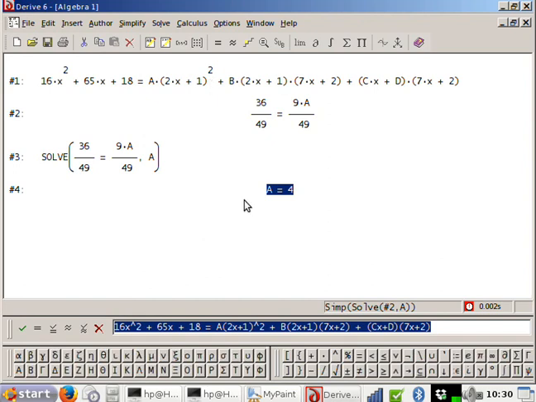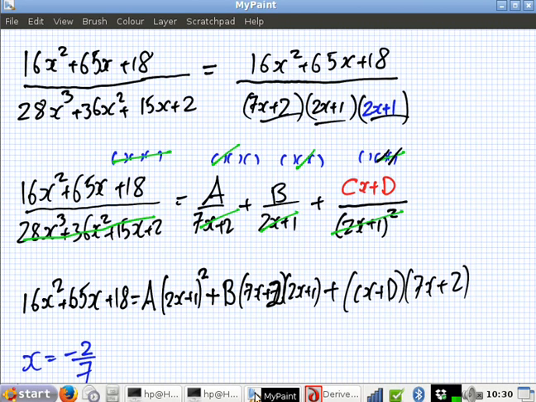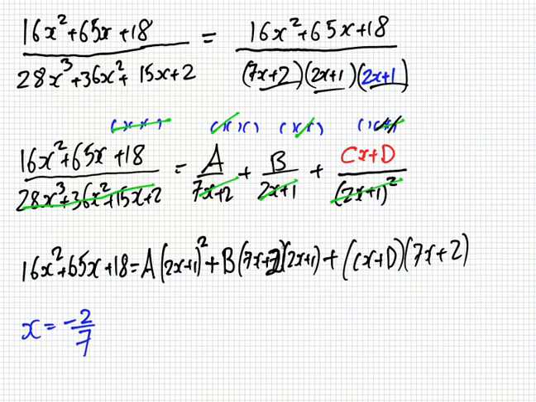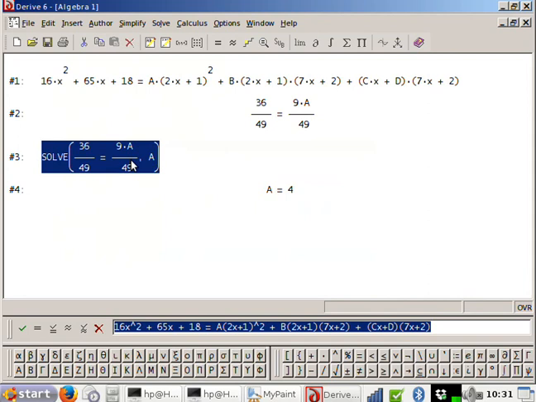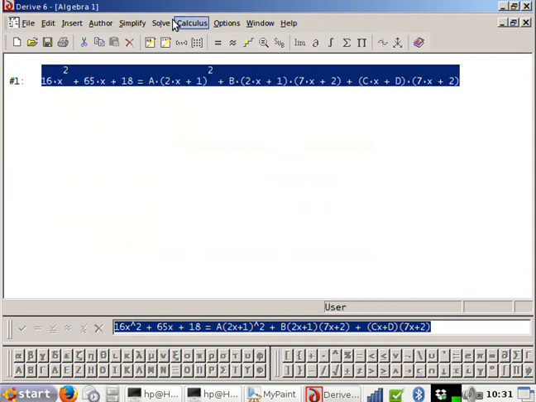You don't have to write the work down, you can just write down A equals 4. Therefore A equals 4. So we have the A. Let me go back and delete this. I know that A is 4.